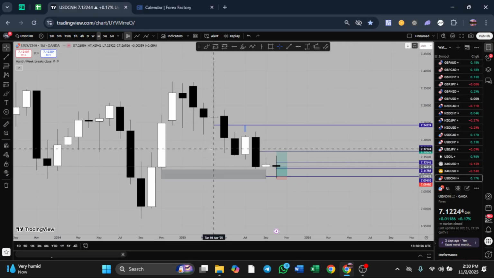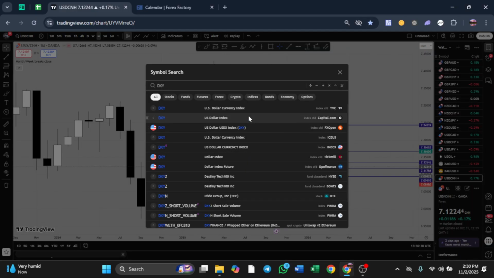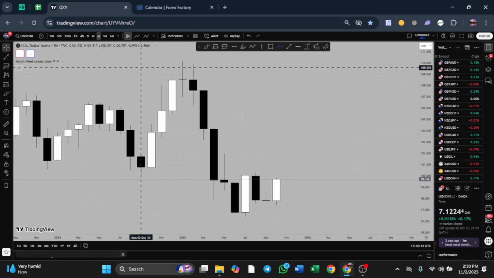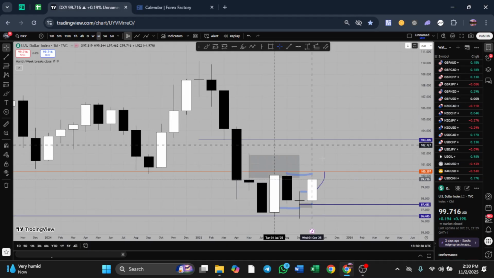So going to the chart, what we see is quite simple. For the new month, you can see we have this bullish candle coming on. And then we have this imbalance up here.